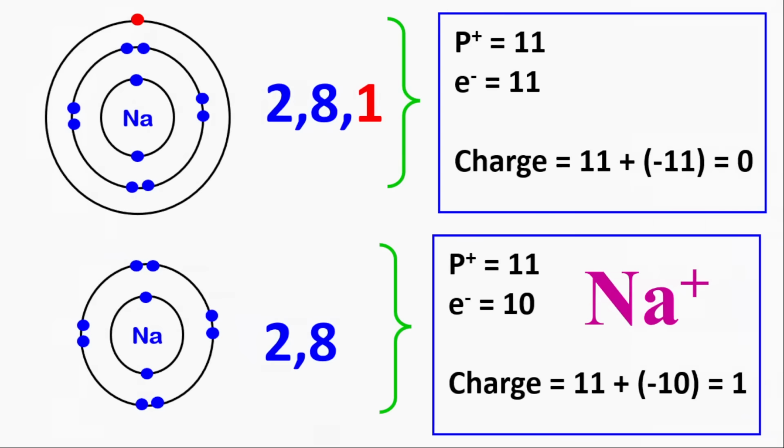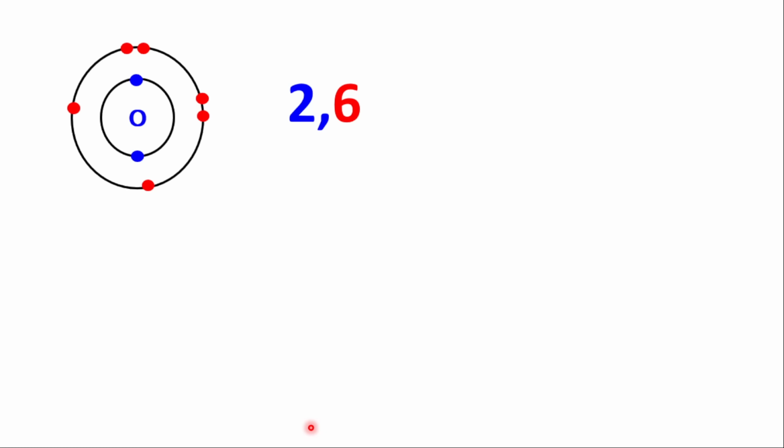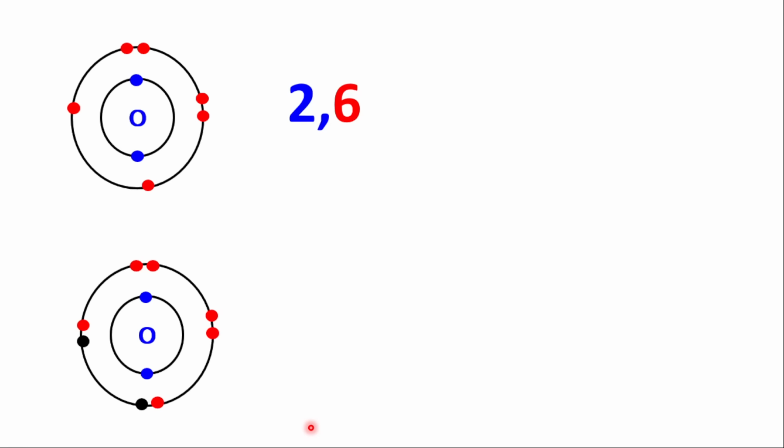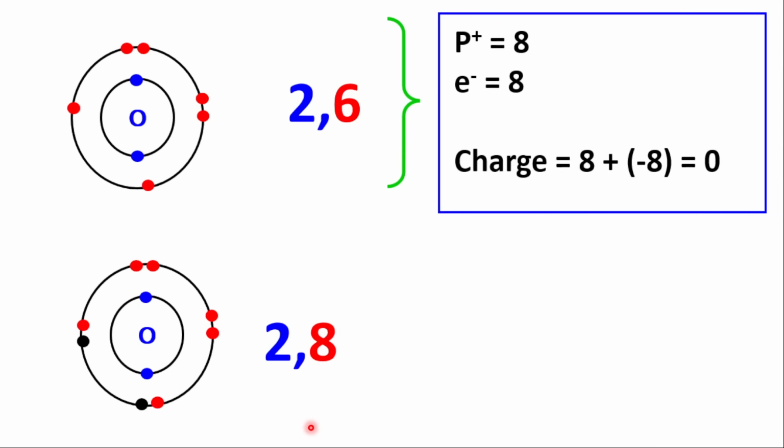So let's do a negative ion, oxygen, for example. There are 6 valence electrons, so the electron configuration here is 2, 6. Since it is a non-metal, it's going to gain electrons to fill that shell. To fill the second shell, you need 2 more to become 8, so it becomes 2 and 8. Originally, for oxygen, before it gained those 2 electrons, it had 8 protons, 8 electrons, and so the total charge was 0.